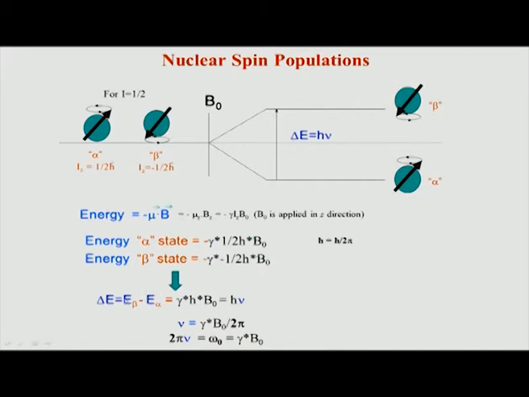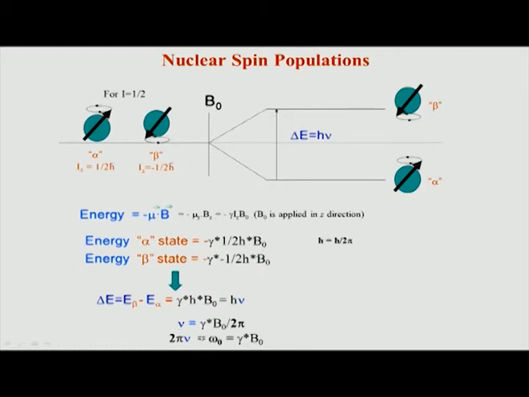So, if you calculate this value, it turns out to be delta E is equal to this value, and that is equal to the energy we want to supply. If you calculate, this energy is nothing but gamma into B0 over 2 pi. Now, remember, when you want to measure in radians per second, that is in angular units, you multiply this 2 pi with this mu, and that is nothing but omega 0 equal to gamma B0.